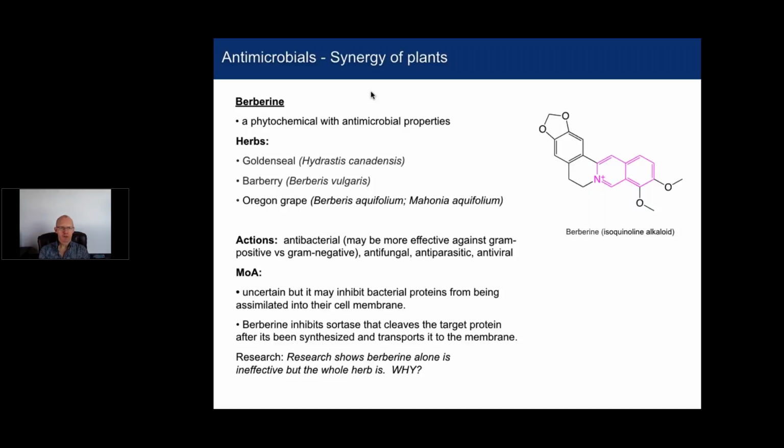Now, one of the challenges is understanding how these things work. Looking at the research, I tried to dig up how precisely berberine might work as an antibiotic, and it does appear that it's involved with inhibiting certain proteins involved with DNA expression of proteins.